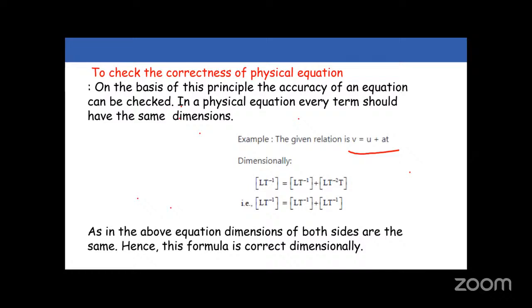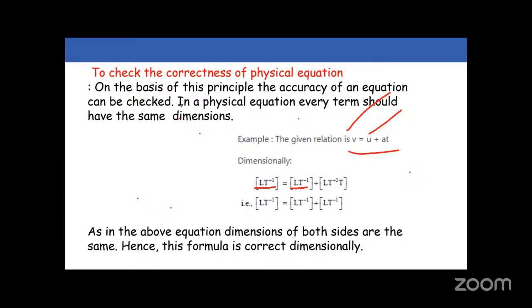So what is V? V is velocity. The unit of velocity is LT raised to minus 1. Now, that is for V. Then for U, U is also velocity, which is initial velocity, the same unit, LT raised to minus 1.